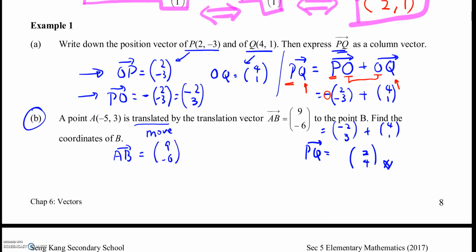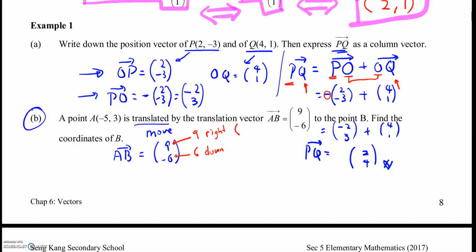So (9, -6) actually means a few things. Number one, (9, -6) means I start from A. I end with B. Now, how did A to B move? I move 9 steps. Can you help me write? This is 9 to the right. And this is 6 downwards.